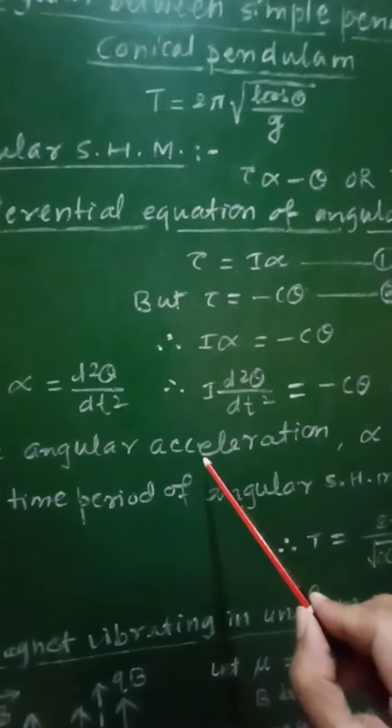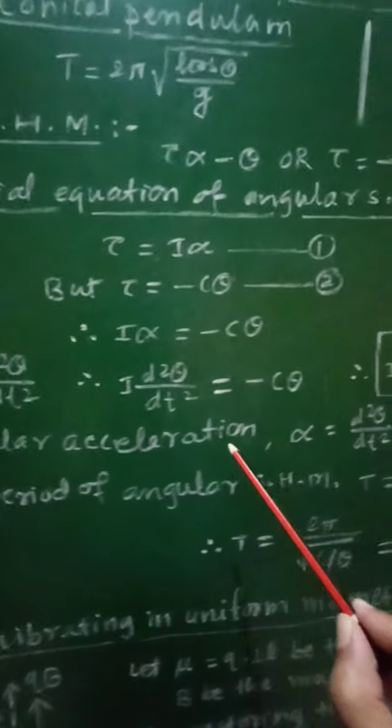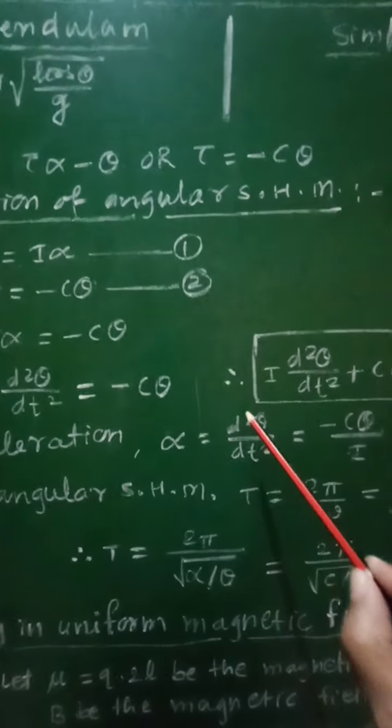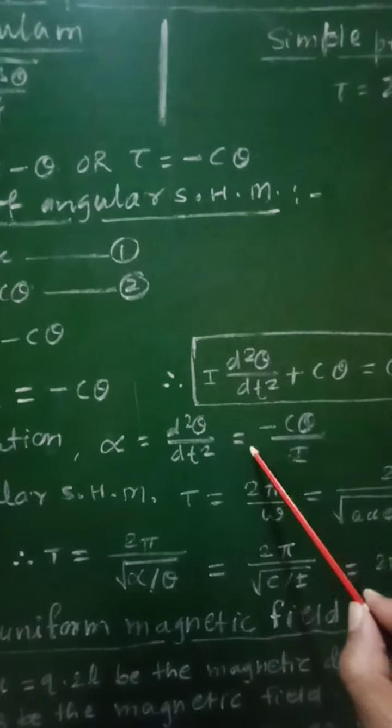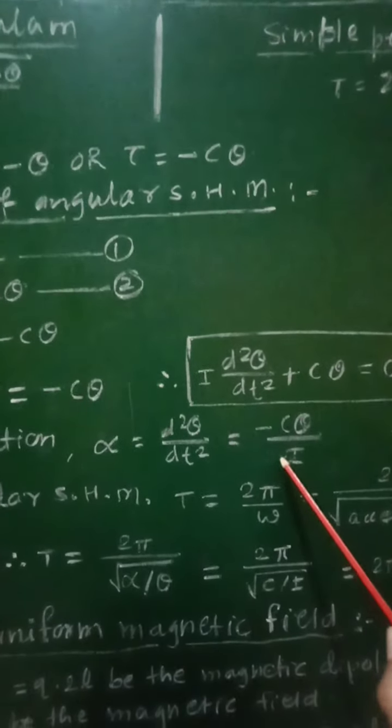Now, the angular acceleration of that body, α, is equal to d²θ/dt². This will be written as −cθ/I.